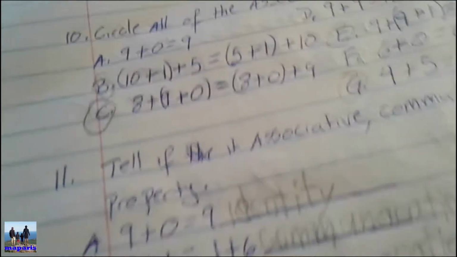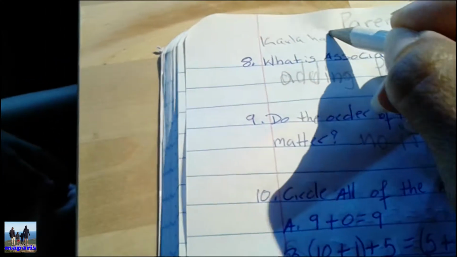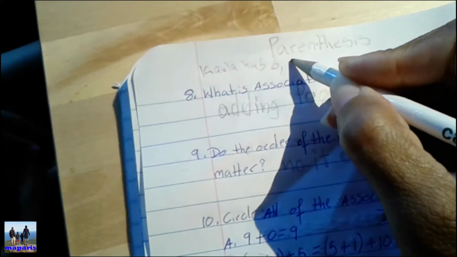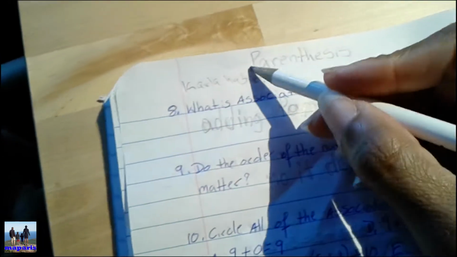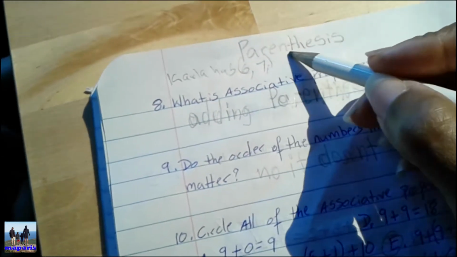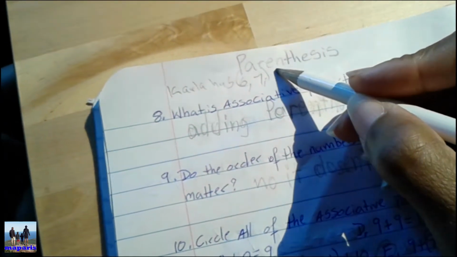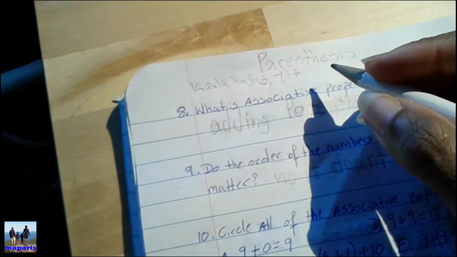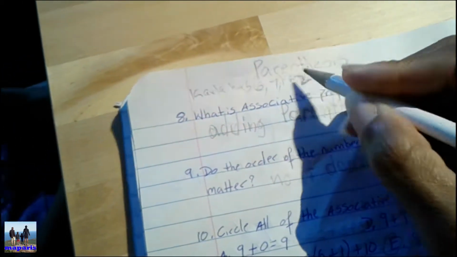So, for instance, let's say Carla has 6 apples, 7 oranges, and let's say she has 2 bread, which is completely different from fruits.